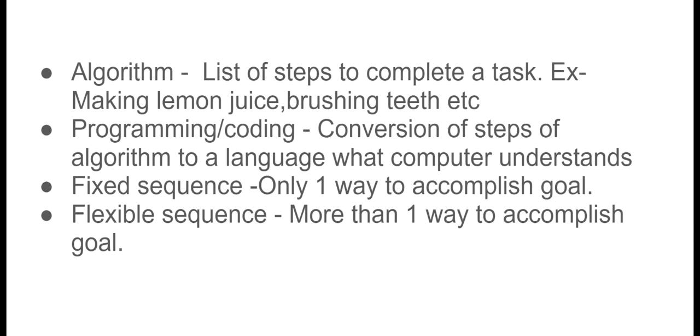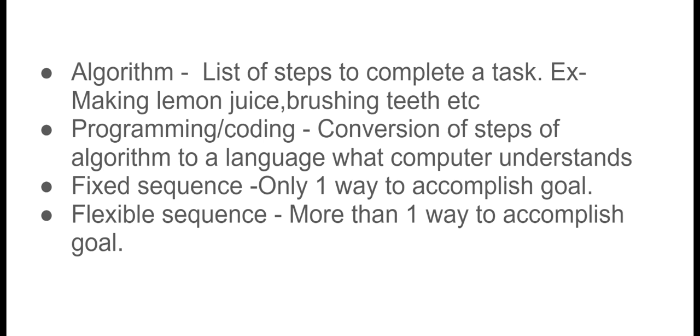Got it? You can take a number of examples from your general life, and in coding also, as I showed you today. The next is programming or coding. If you convert the steps of your algorithm into a language that your computer understands, that is called coding or programming in simple terms.